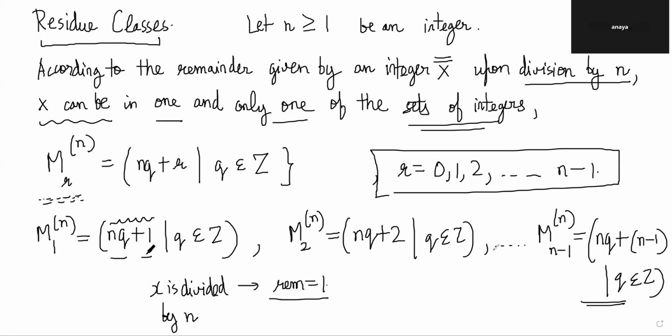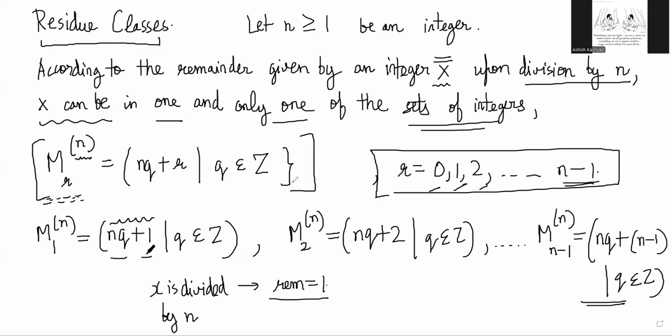So we are saying that whenever you divide a number by n, your remainder could be anything from 0, 1, 2 till n minus 1. Any integer x upon division by n can only be in one of these sets. It cannot be in two different sets, obviously. It will have any one of these forms.